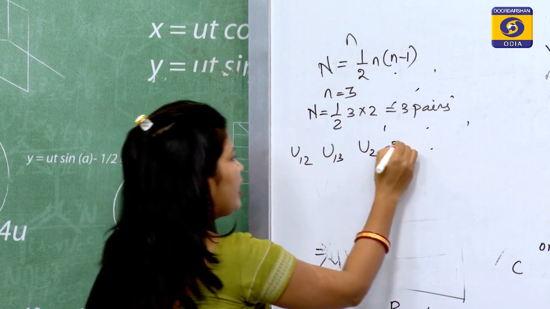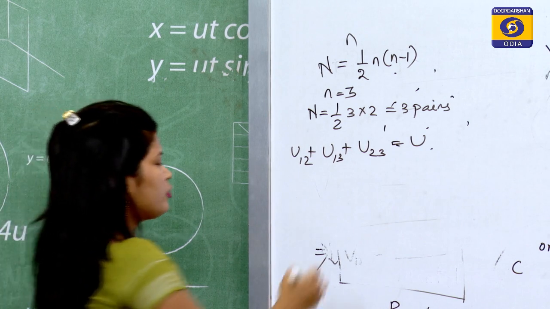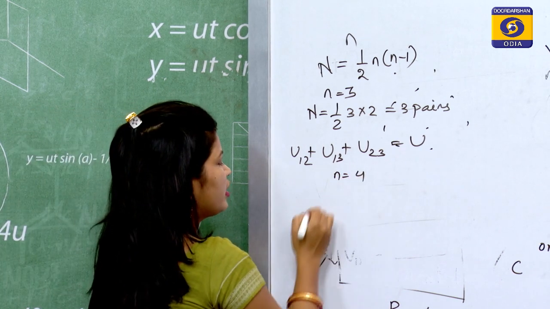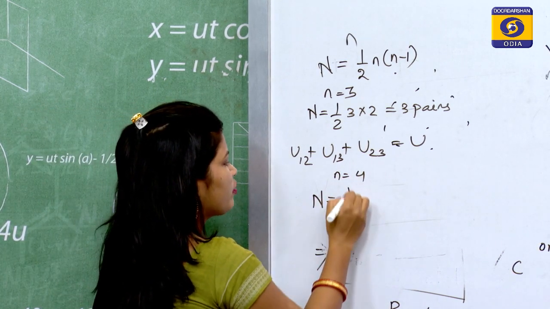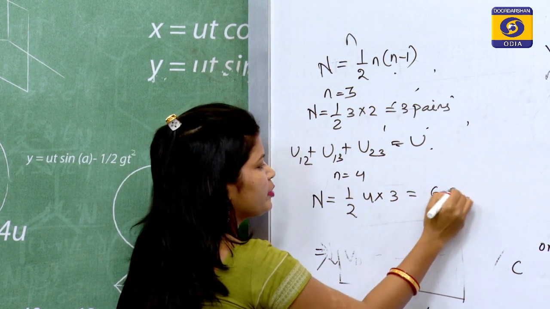So, the total energy is the sum of all energies. Suppose n is equal to 4, then capital N is equal to half 4 into 3, that is 6 pairs.